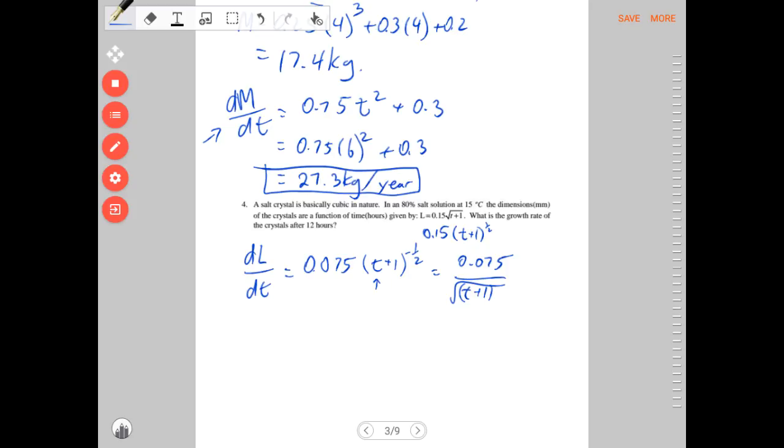Either way, we could type in our 12 hours into either one. It really doesn't matter at this point. When you type it in, you get 0.021 millimeters per hour. So the growth rate of the crystal, for the length of the side anyway, is 0.021 millimeters every hour.